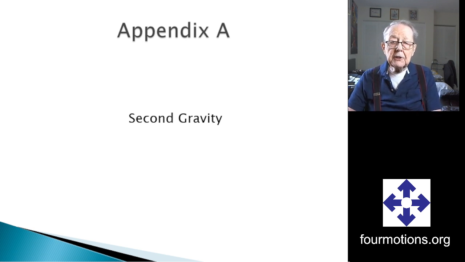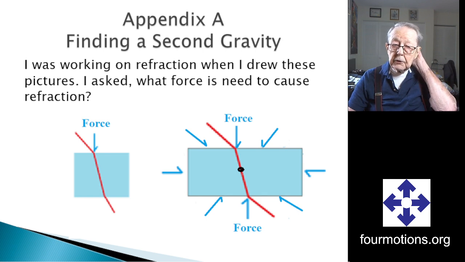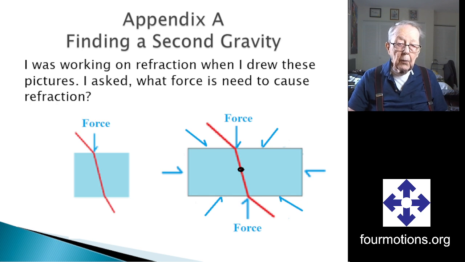Let's talk about the second gravity. I was working on refraction when I drew these pictures, the one on the left, and I asked what forces needed to cause the refraction at the top of the prism. I said, well, maybe a force like that blue arrow pointing down, right at the point where the red light hits the prism.